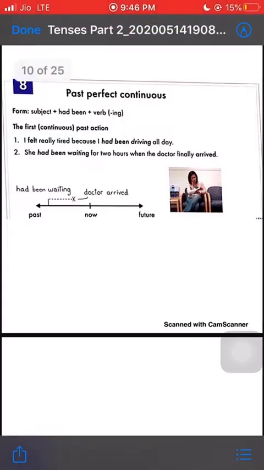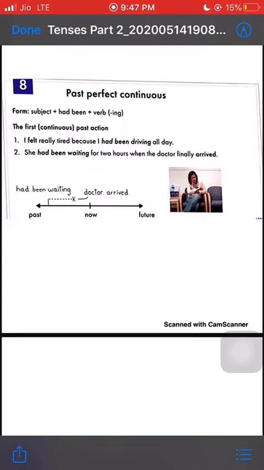For example, I felt really tired because I had been driving all day. She had been waiting for 2 hours when the doctor finally arrived.